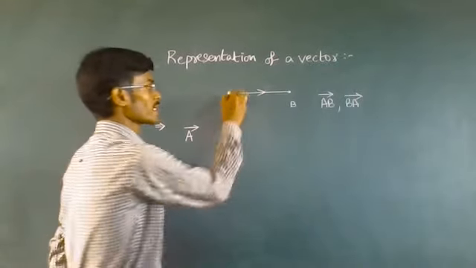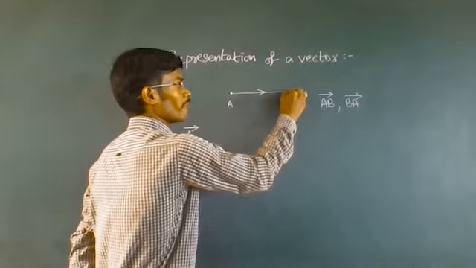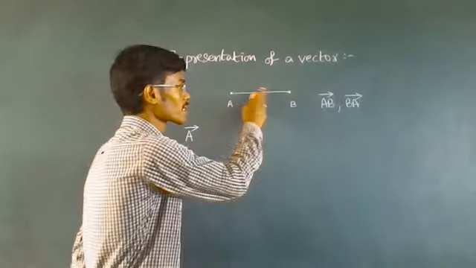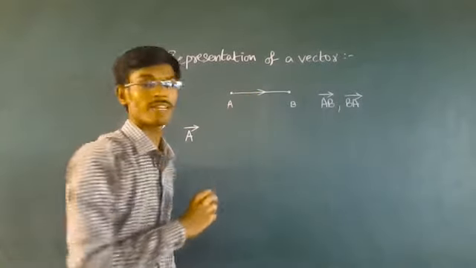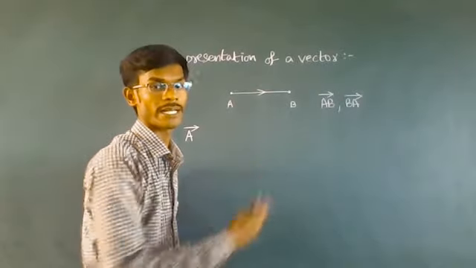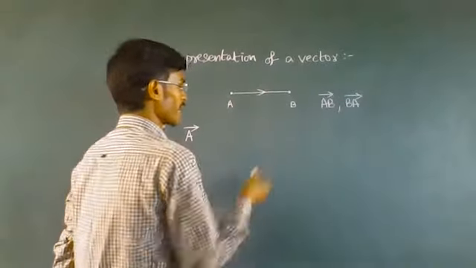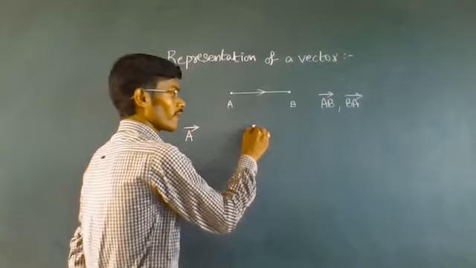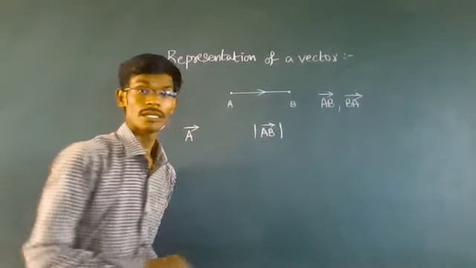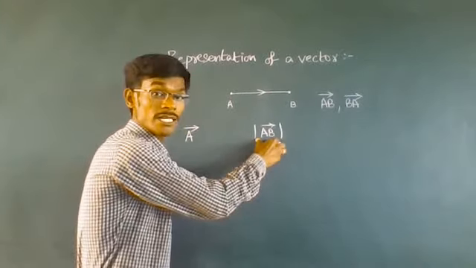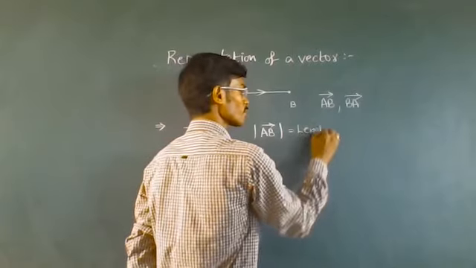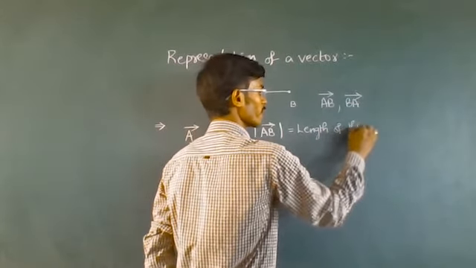Suppose you consider AB, the length we will consider as the magnitude, and this directed arrow mark represents the direction of that particular person's movement. So here this can be written as modulus of AB bar, which gives the length of the vector.